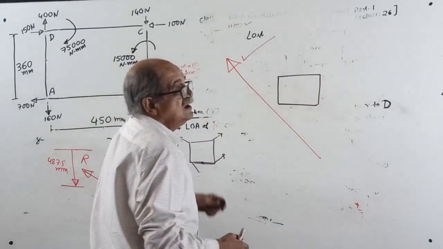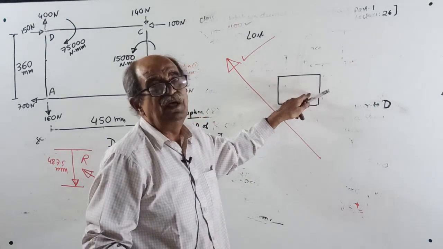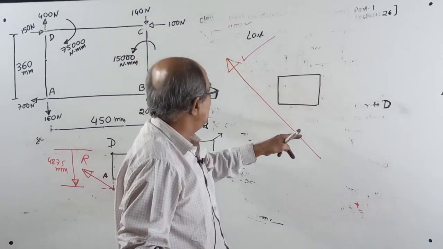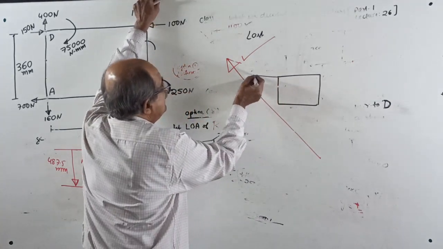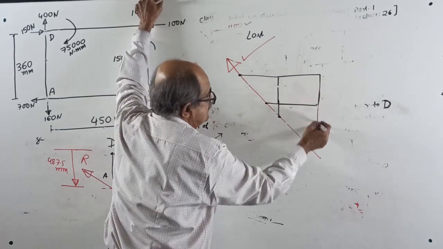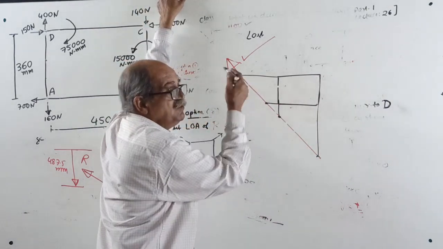This is established. It is fixed. Once the force system is given, it has a unique resultant, magnitude, direction and line of action. The point can be this point or this point or this point. Any point will do. Through all the points, the same line will come.